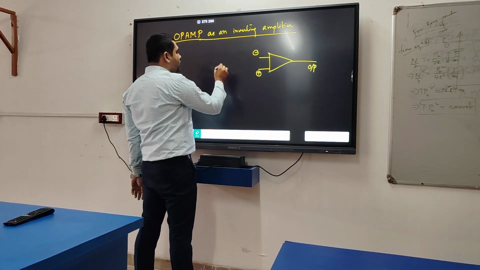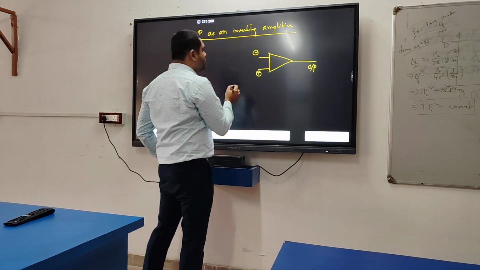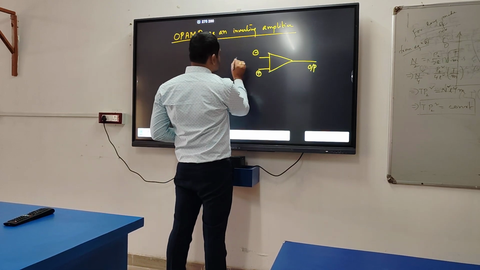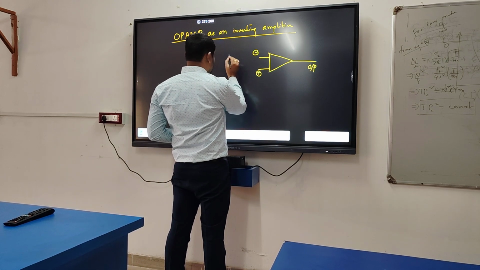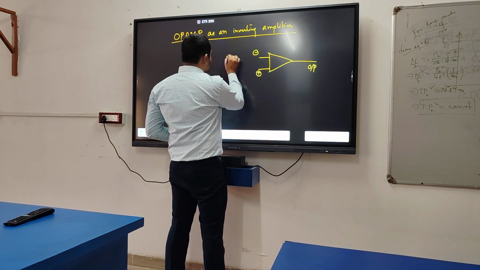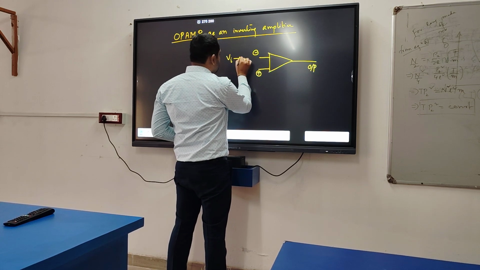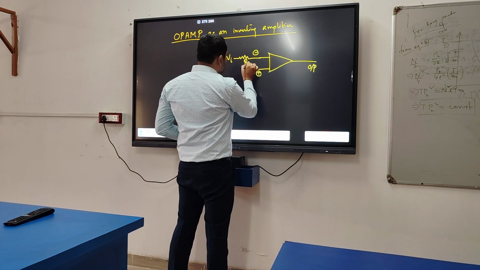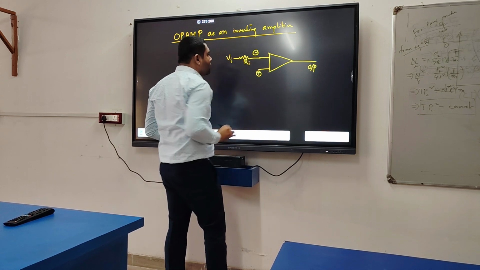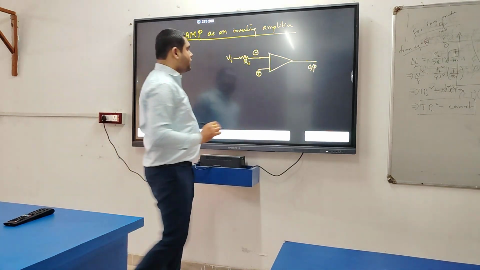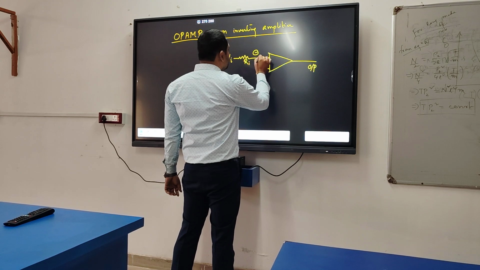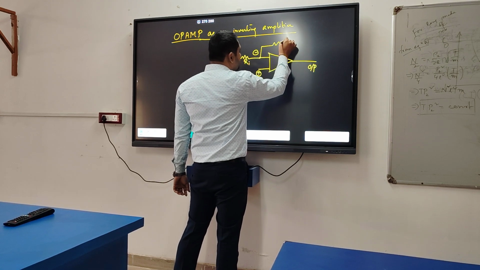So for the inverting amplifier, we have to put some resistance and some signal. Suppose V I is a signal through some resistance R to the inverting terminal, and we are allowing some feedback.